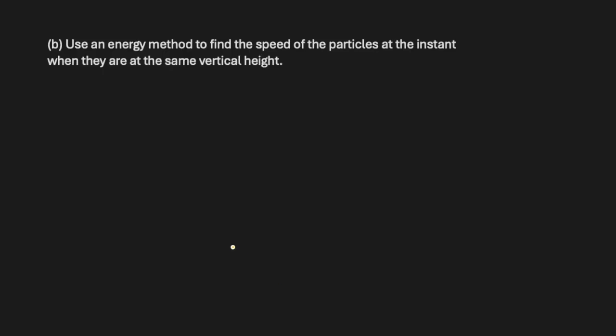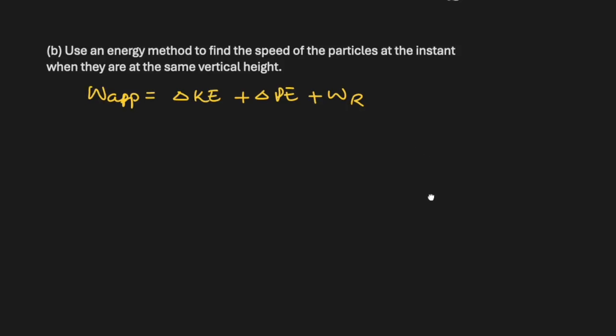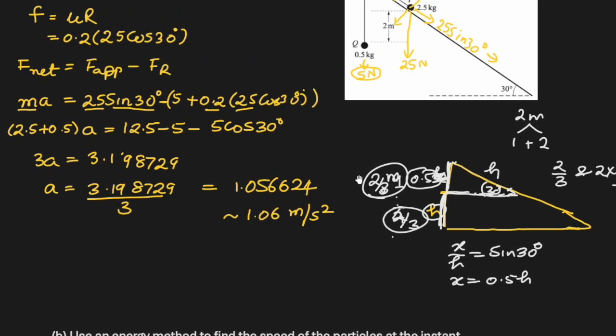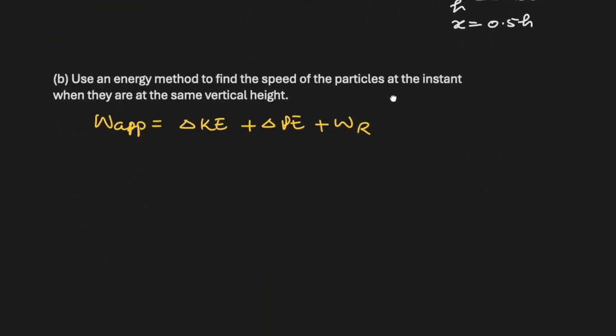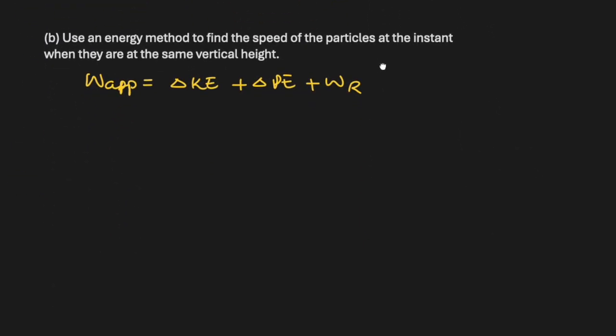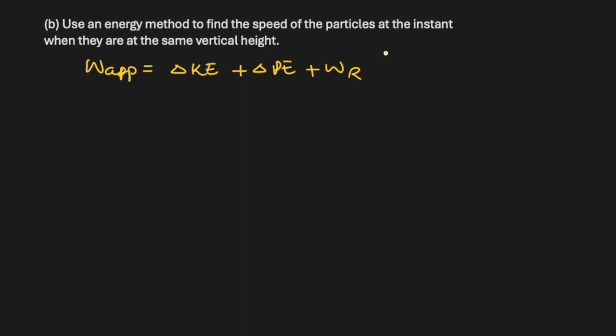Energy method says that the work done by applied force is the sum of change in kinetic energy plus change in potential energy plus the work done against resistance. Since this system has been just let go from rest and it is moving on its own, there is no continuous applied force. There is only one continuous force, which is due to gravity, right? But that will be taken care of by the potential energy.